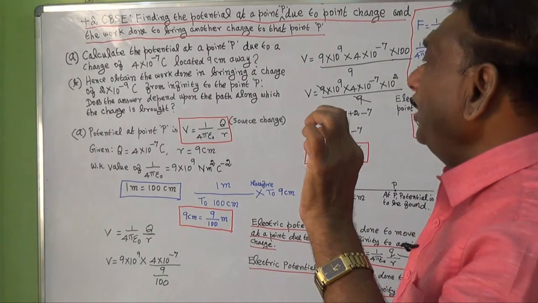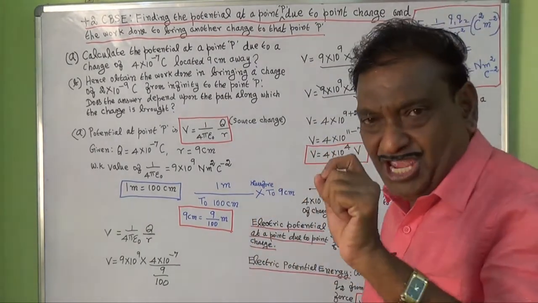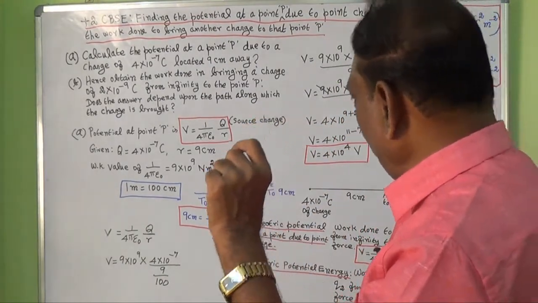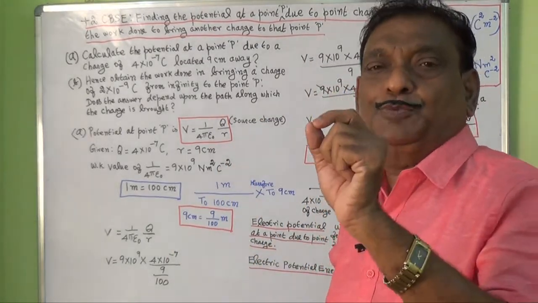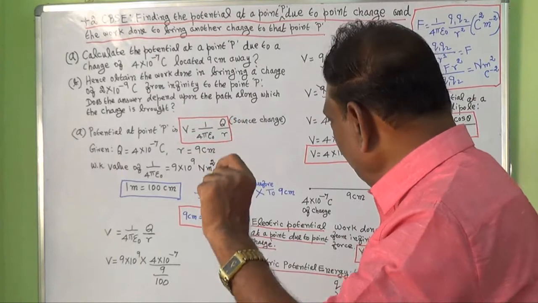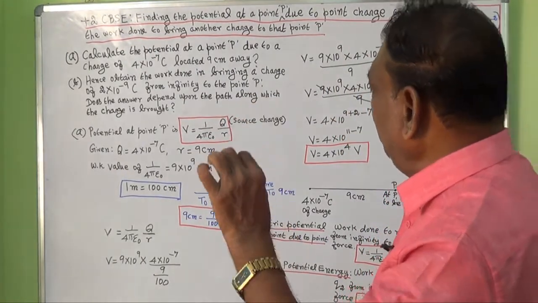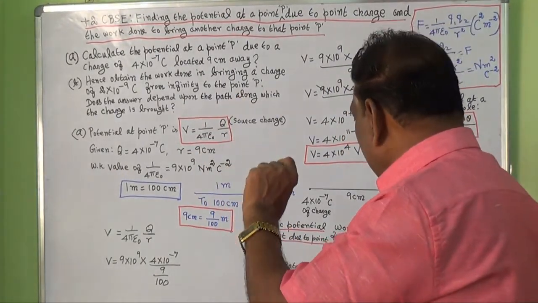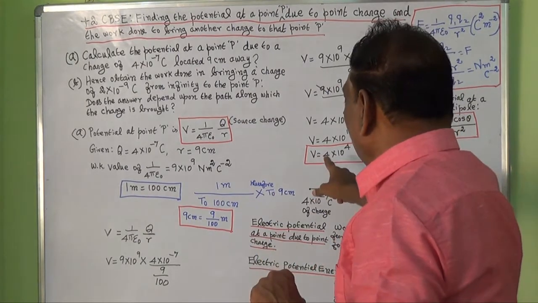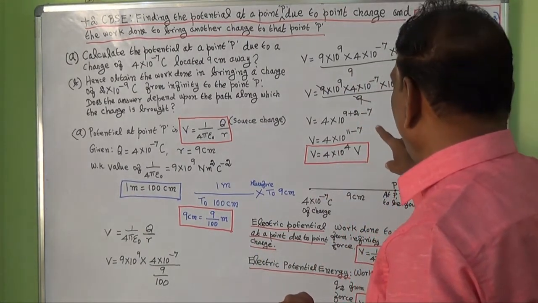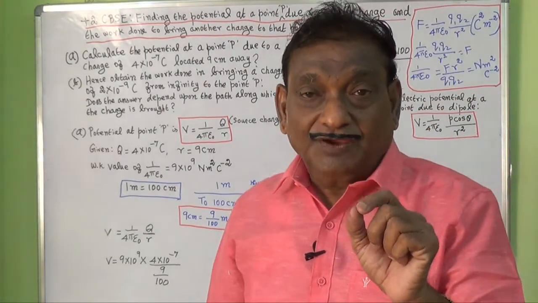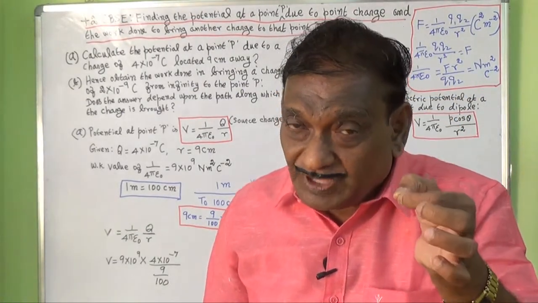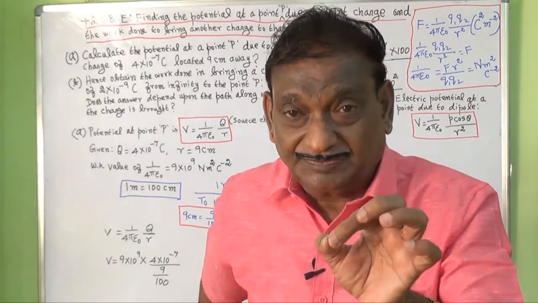So now we have calculated the potential at a point P due to the charge of 4 into 10 to the power of minus 7 coulomb located 9 centimeter away as V equal to 4 into 10 to the power of 4 volt. We know that the charge will exert the force, that is electric field.